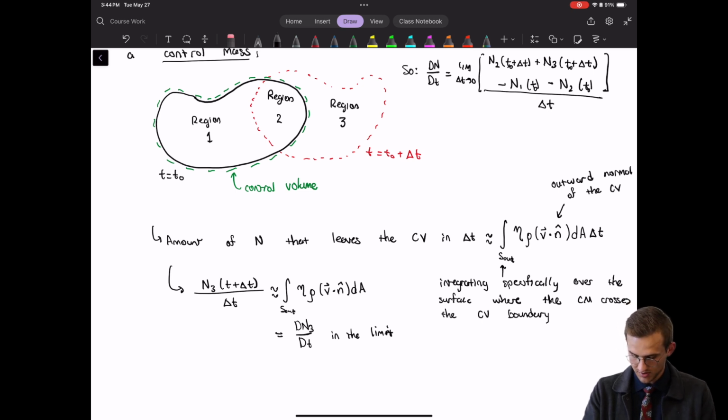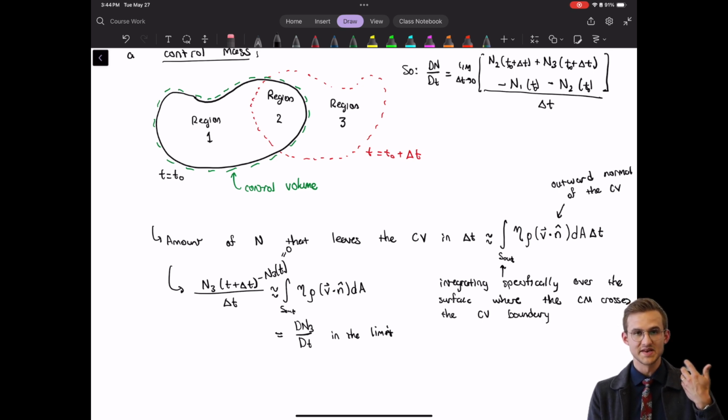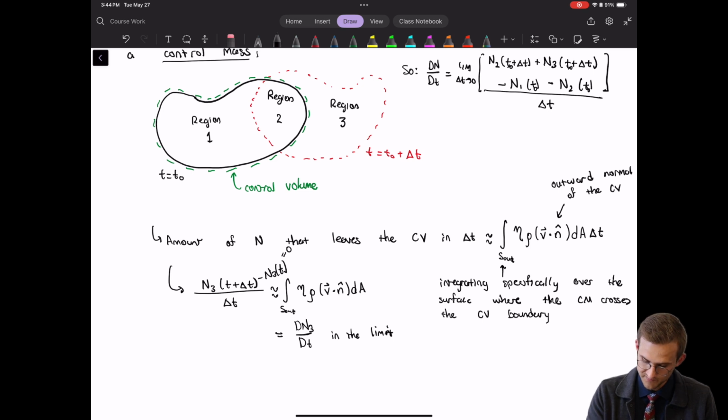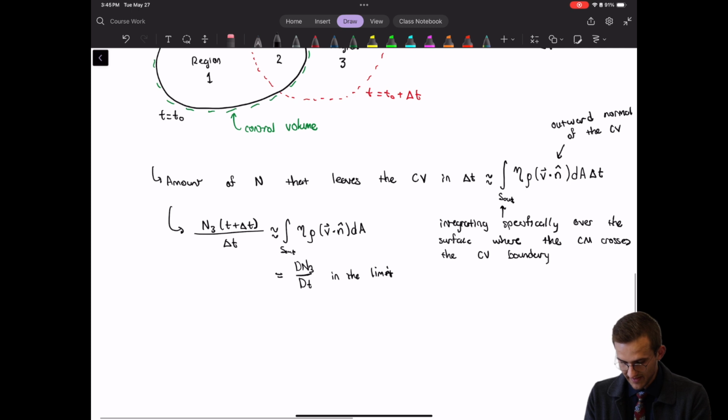So you can add a little n3 at t here, minus n3 at t, since that whole thing is equal to 0. I'll erase this in a second. And then you just have the definition of the derivative. So you take the limit as delta t goes to 0, and you just recover the total derivative of n3 with respect to t. Just as a note. All right, so that's the amount of n that leaves the CV.